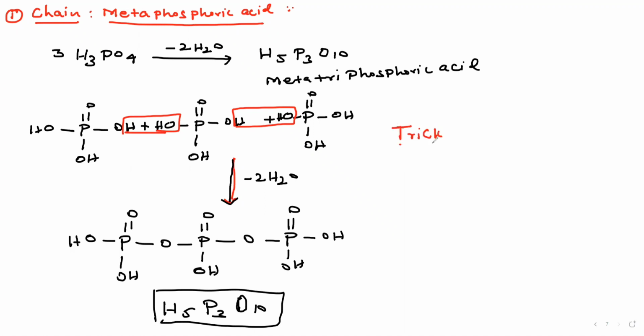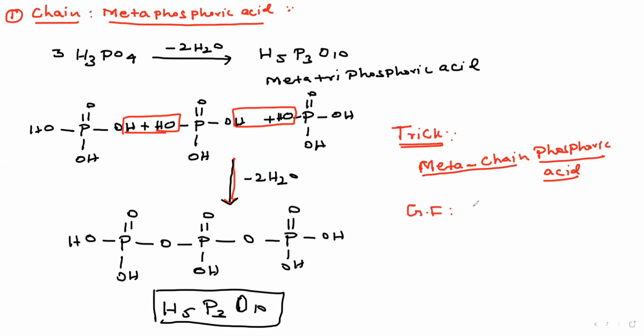Okay, in case of meta chain phosphoric acid, what is the formula? This is very important. Please note, this is the general formula.